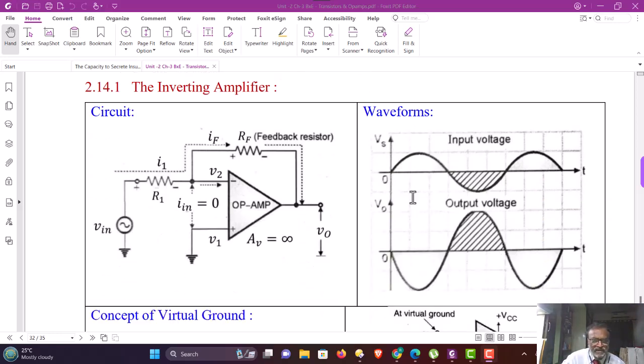Let us see the inverting amplifier configuration. In this case, the feedback components R1 and RF are connected across the operational amplifier inverting terminal and the input voltage. Here the input is fed to the inverting terminal via resistance R1, and the resistance RF is connected from the inverting terminal to the output terminal.